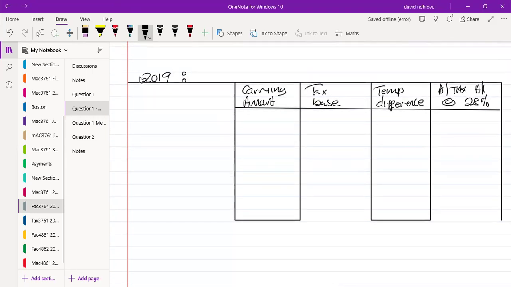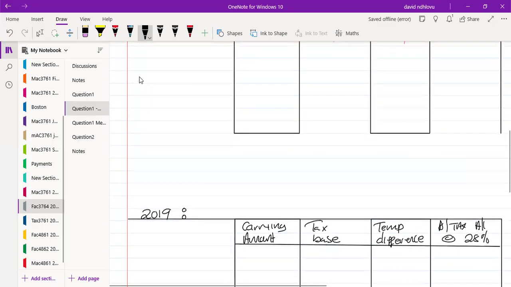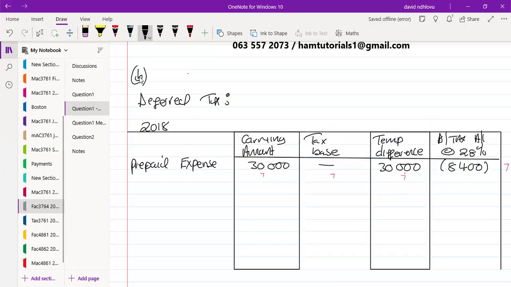So in 2019, we credit the prepayment and recognize the expense. Therefore, there will no longer be a remaining balance. The balance is now 0 in 2019. We don't worry about this prepayment anymore. Any question on this particular asset and the calculation that we have on the board? Are we clear on this, good people?